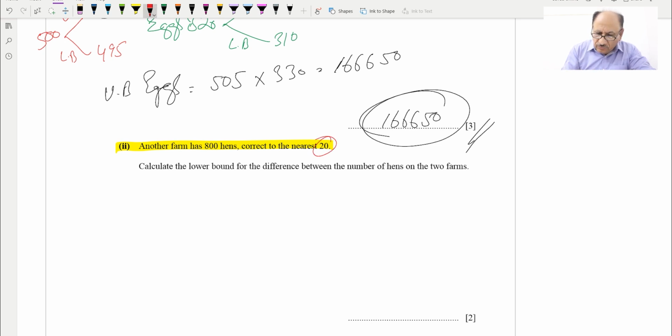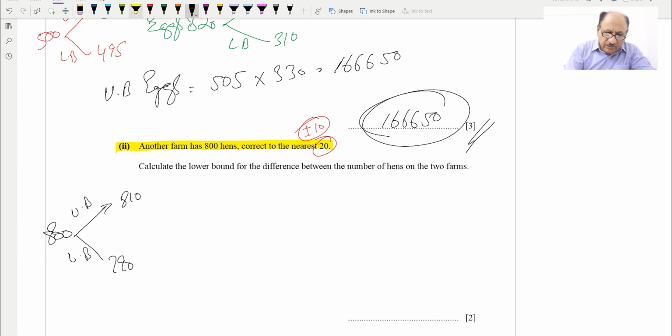Now the second part says another farm has 800 hens, correct to the nearest 20. So nearest 20 means plus minus 10 we have to do for lower and upper bound. So 800, upper bound will be 810 and lower bound will be 790. Then they are saying calculate the lower bound for the difference between the number of hens on the two farms.